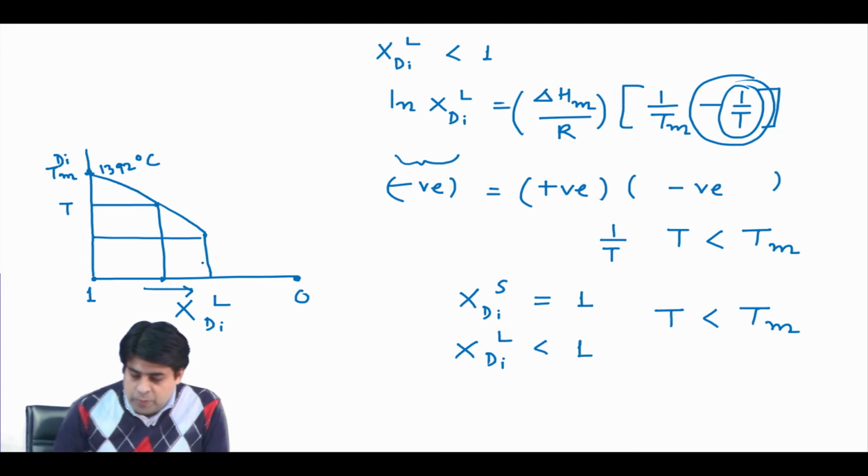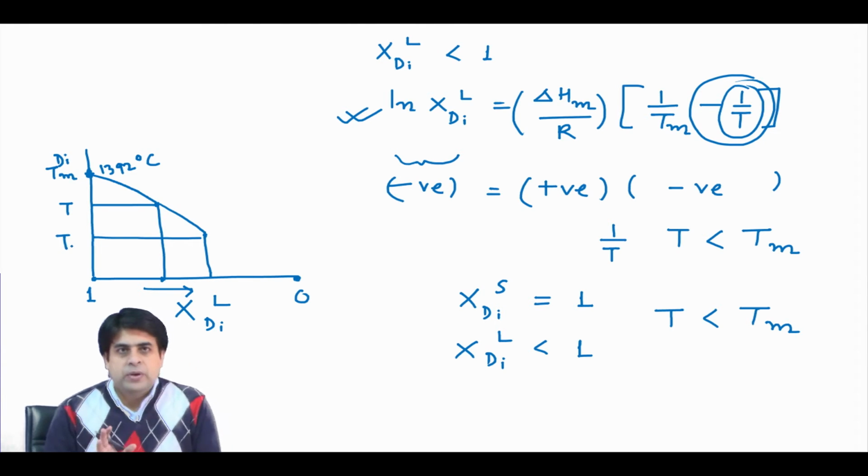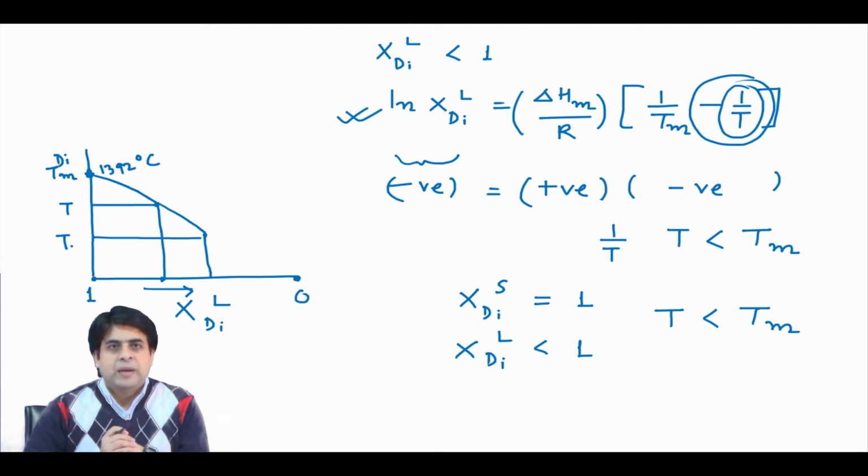So, basically in this cryoscopic equation, Tm is the temperature of the pure phase and T is the equilibrium temperature of the impure phase.